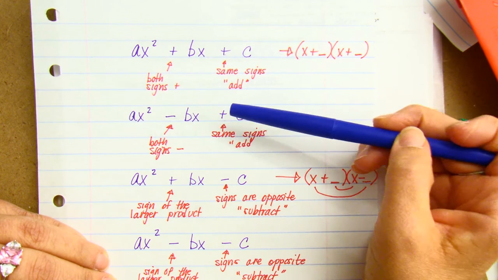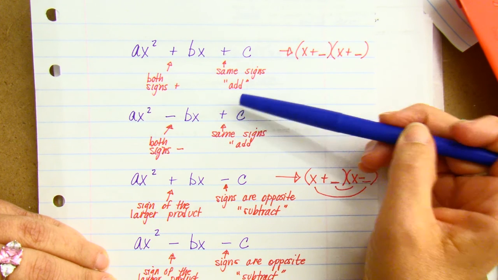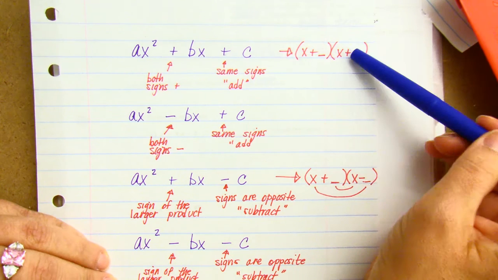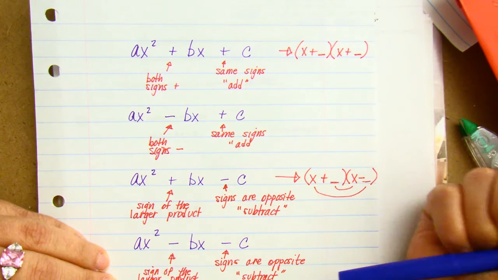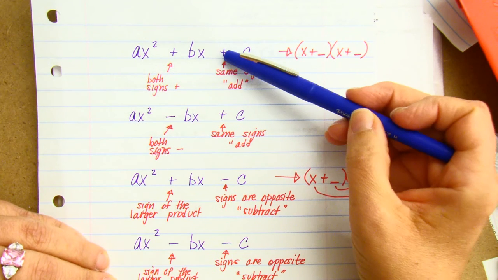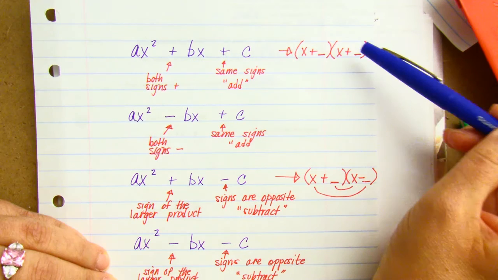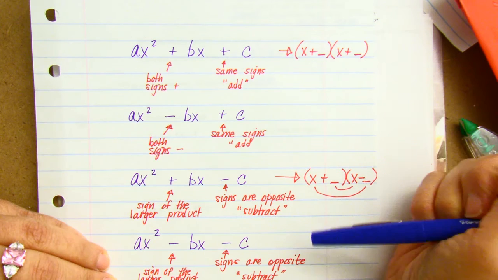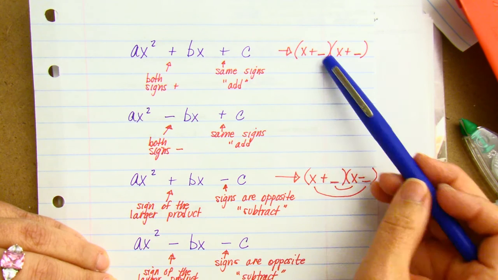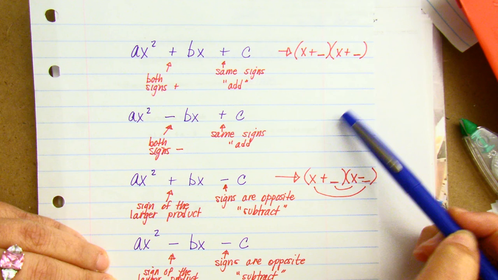And the signs in the binomials are both the same. They're both negative. So this would be a plus plus, right? Signs are the same. They're both plus. This would be x plus, x plus. This would be both minus minus. So it would be x minus something times x minus something.